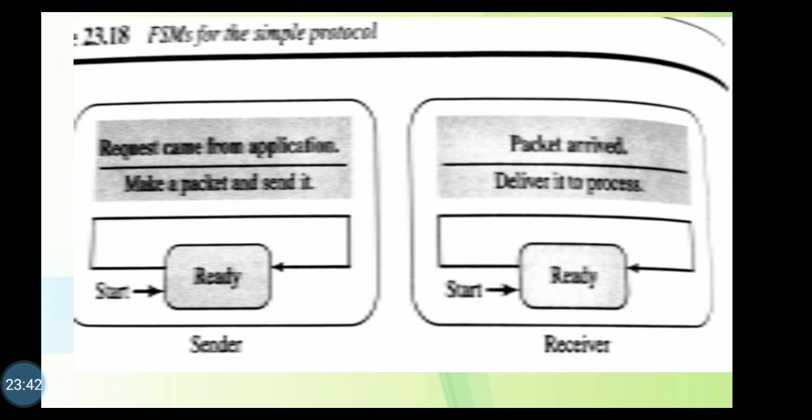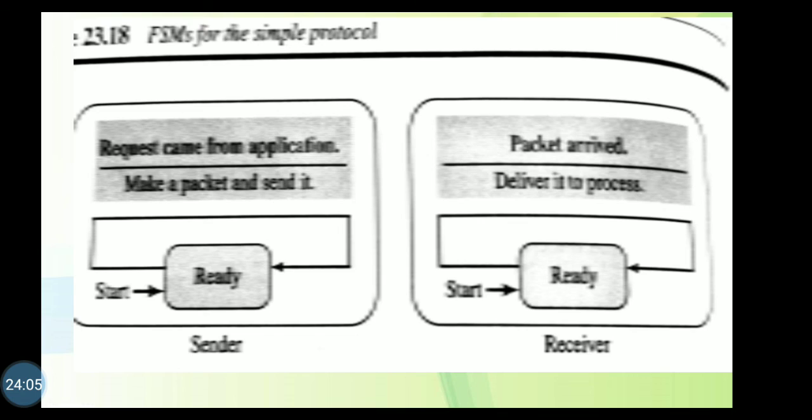These requirements use two FSMs. Each FSM has only one state, the ready state. The sending machine remains in the ready state until a request comes from the process in the application layer. When this event occurs, the sending machine encapsulates the message in a packet and sends it to the receiving machine.